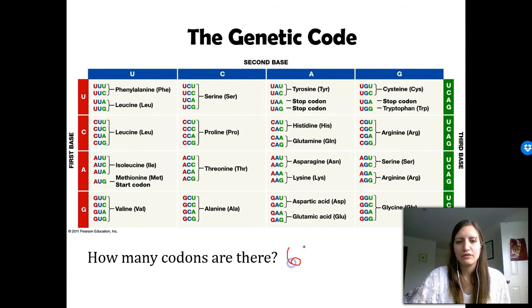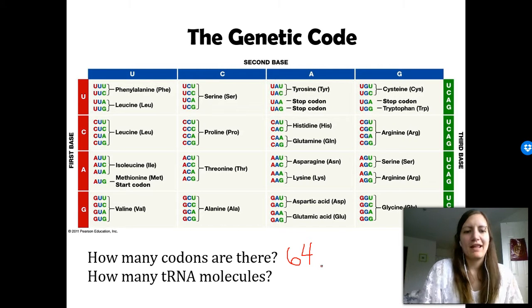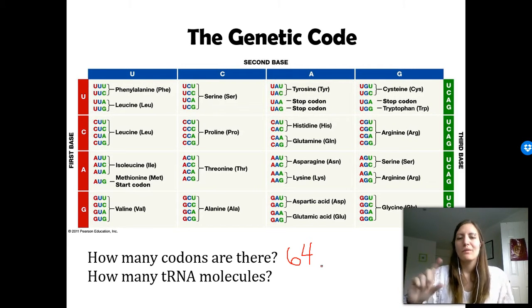So that equals 64. There's 64 different combinations of codons across all three nucleotide spots. So it would stand to reason that if there's 64 codons, you need 64 anticodons to account for every single type of codon you might interact with. So you would say 64.